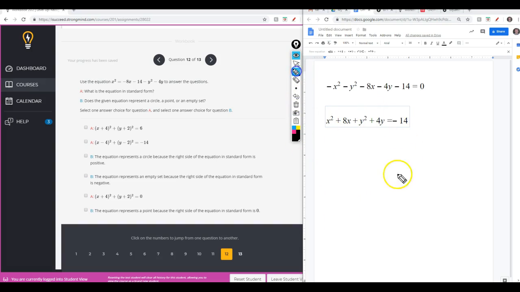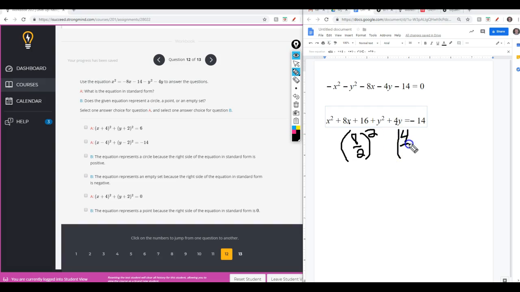And then we're going to add to both sides to complete the square for this x. We have 8 halves, because 8 is attached to the x squared. So 8 divided by 2 is 4. 4 squared is 16. And then for our y terms, the 4 is attached to just the y, which is our linear term.